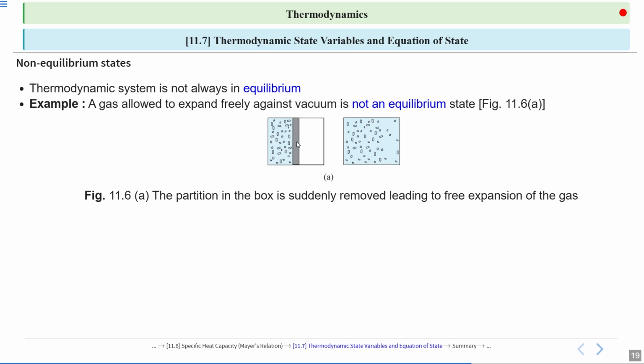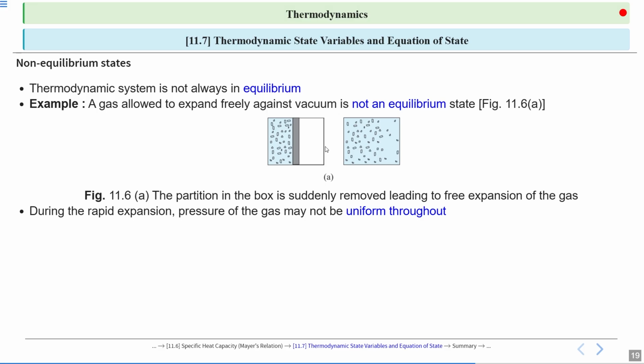Figure 11.6a. So here we have the gas particles. The partition in the box is suddenly removed, leading to the free expansion of the gas. So when the partition is suddenly removed, free expansion happens, so we can say this is not an equilibrium state.